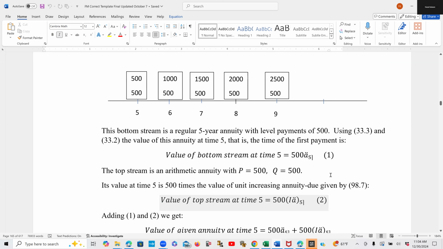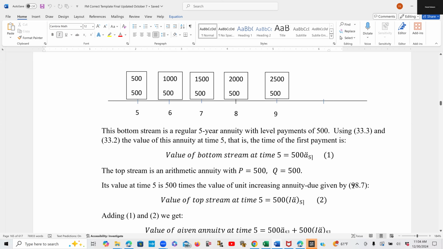Each payment is increasing by 500. So P is equal to Q is equal to 500. So the value of this is 500 times the value of unit increasing due given by equation 98.7. And if you forgot what that was, you can watch lesson 98.